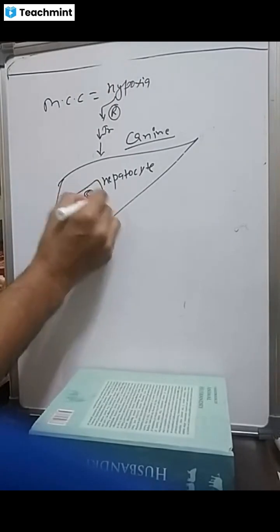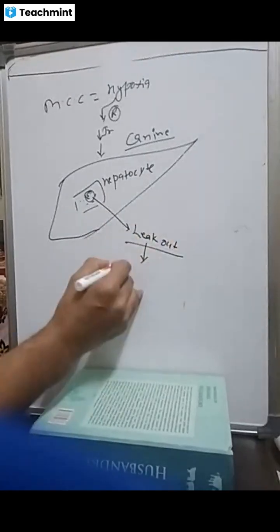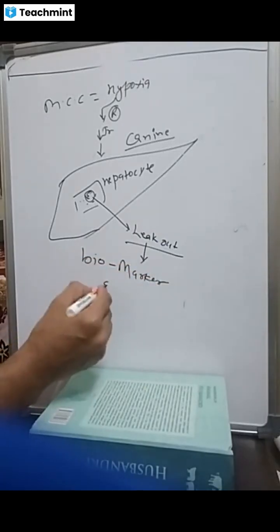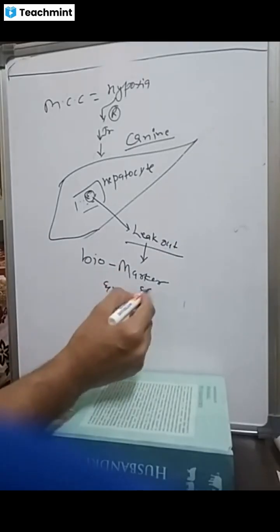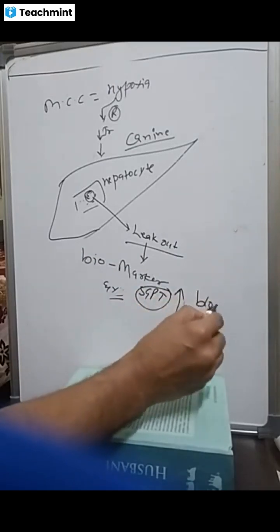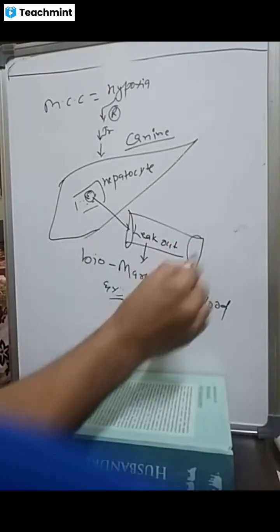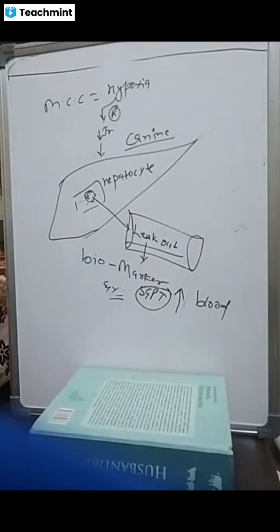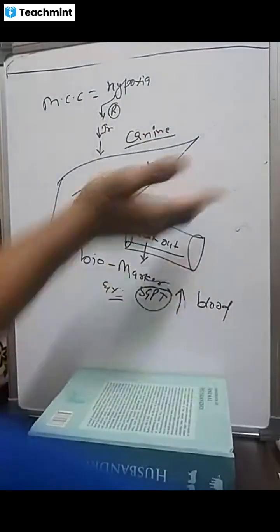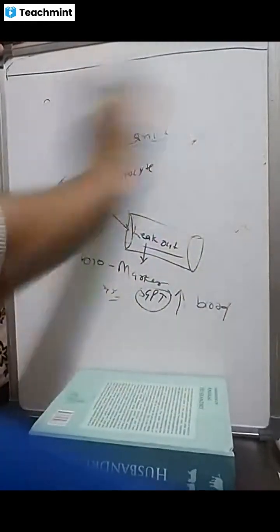So the enzymes will leak out and act as biomarkers. For example, in case of canine, they will rise in the blood. So they leak out, and where do they leak out? In the blood. So in case of canine hepatocyte, SCPT rises in the blood. That is a sensitive marker.